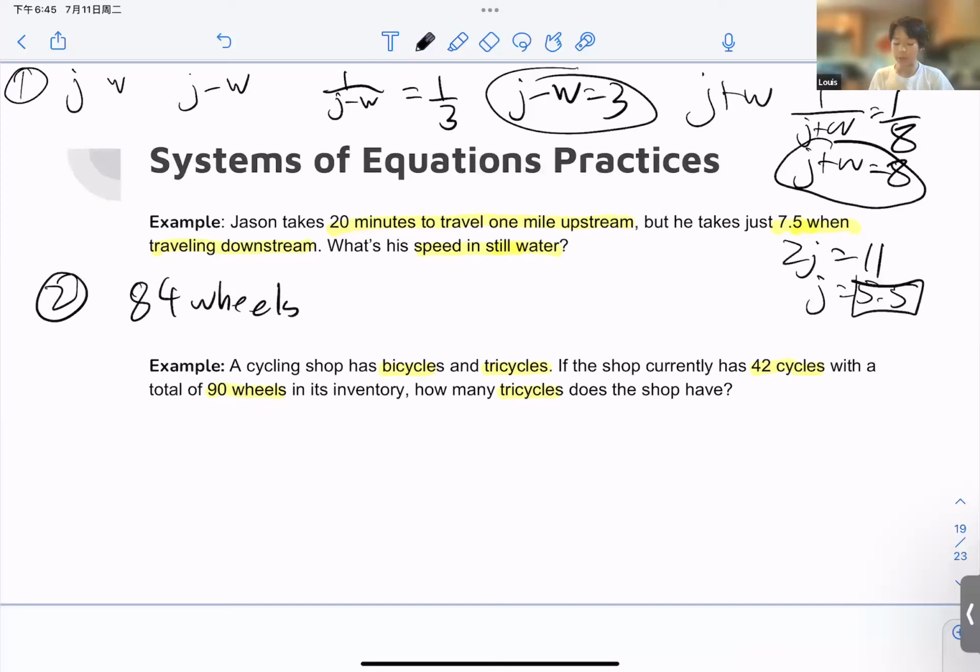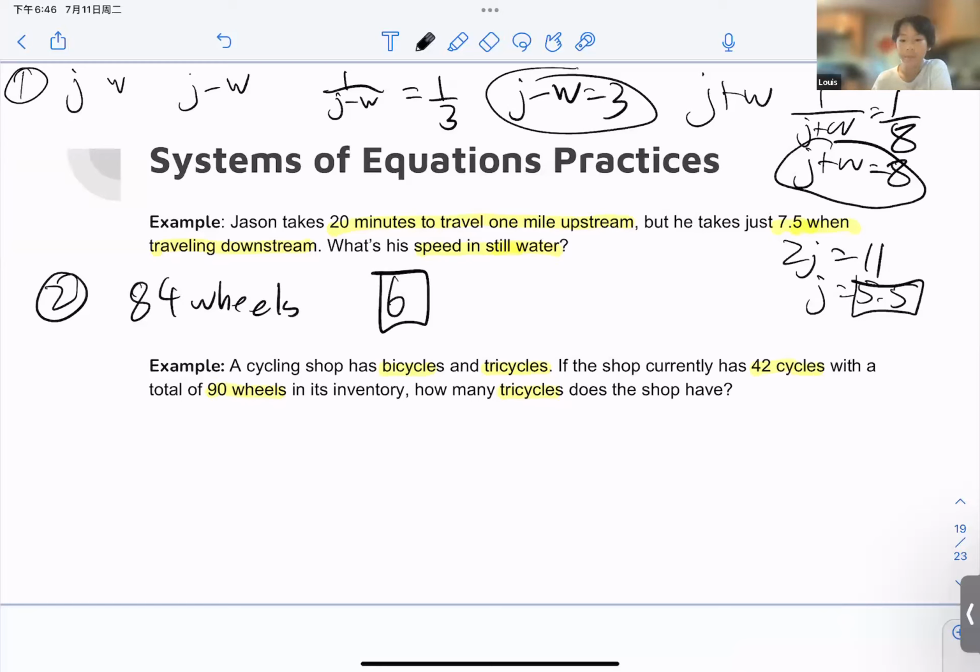But we are told that there are 90 wheels, so there are obviously tricycles. So tricycles have 3 wheels. So if we add a wheel onto a bicycle, it would become a tricycle. And we can add 6 wheels onto these 42 bicycles. So 6 of them will become a tricycle. So 6 is the answer.